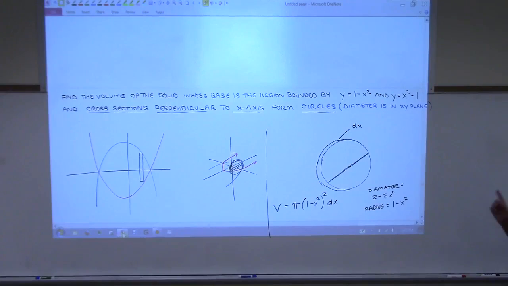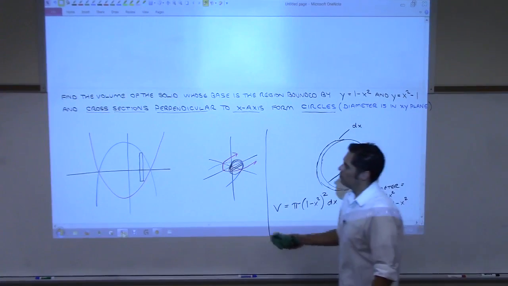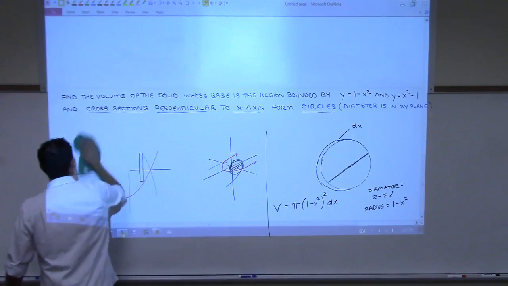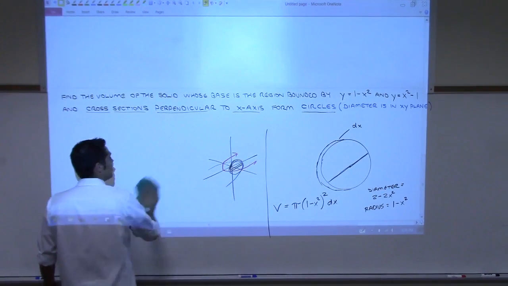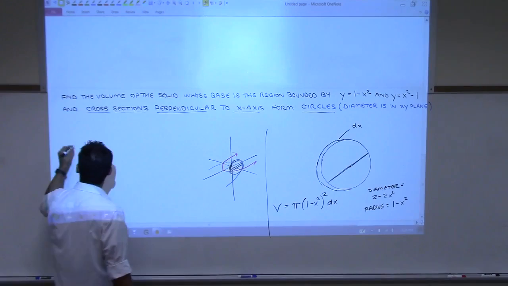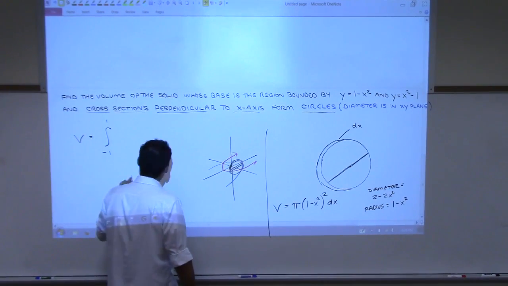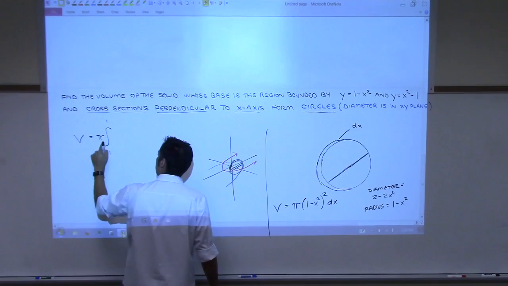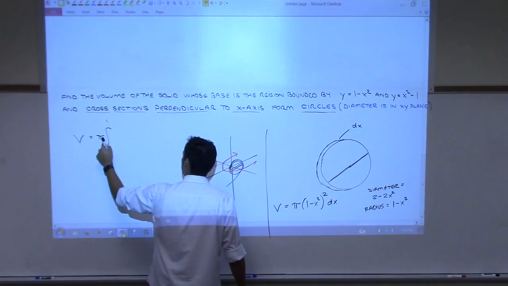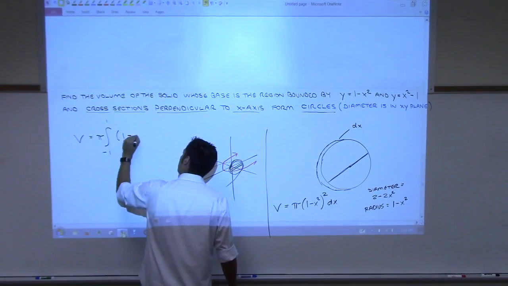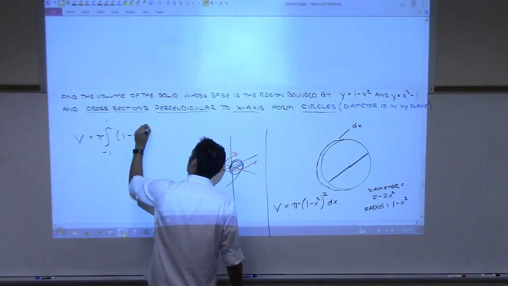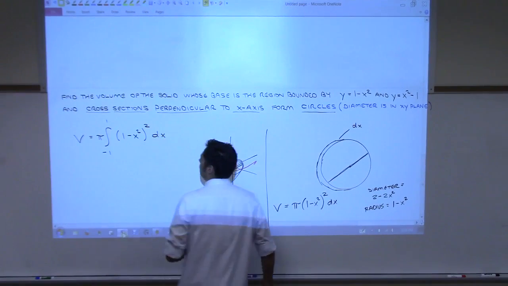That will give me the volume of one little slice. I just need to add them all up now. So the volume of this solid with this particular cross section of circles will be the integral from -1 to 1 again, and then it'll be pi, which I can pull out of the integral, because it's a constant. And then 1 minus x squared dx.